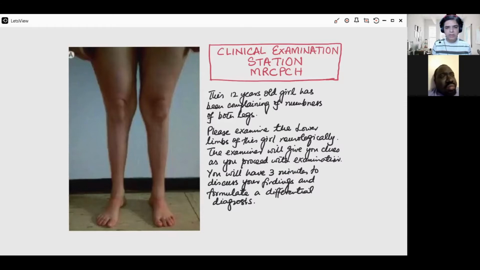Tell me about three investigations that you would like to do in this particular case. Relevant investigations based on your findings. I'd like to do a nerve conduction study, and I'd also like to do electromyography, that's what I was trying to look for.